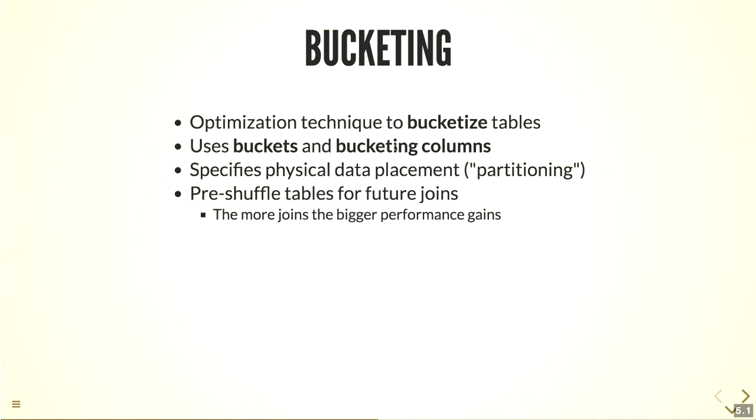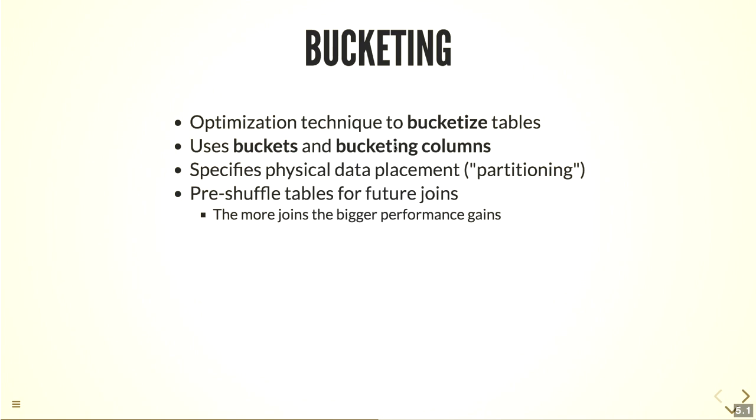So you need it if your joins are executed multiple times. If it's only for a one-time join, there is no point doing it. It's the same technique as cost-based optimization. With cost-based optimization and bucketing, it's the same. You need to pre-calculate some information, some metadata that Spark will use at runtime.